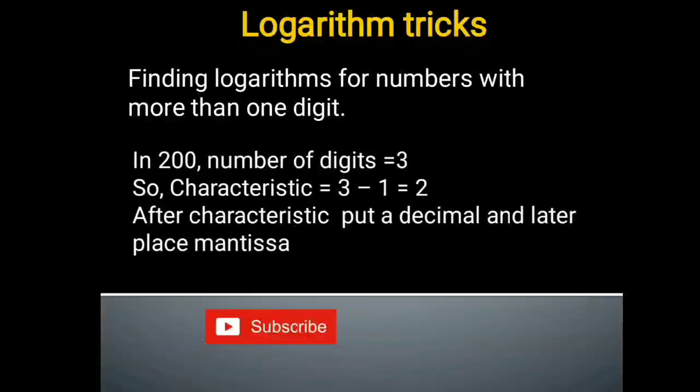And after this characteristic, we need to put a decimal point. Later, place the mantissa of 200. Already I told you the mantissa of 200 is equal to the mantissa of 2. So what will be the log 200 value? 2.3010.